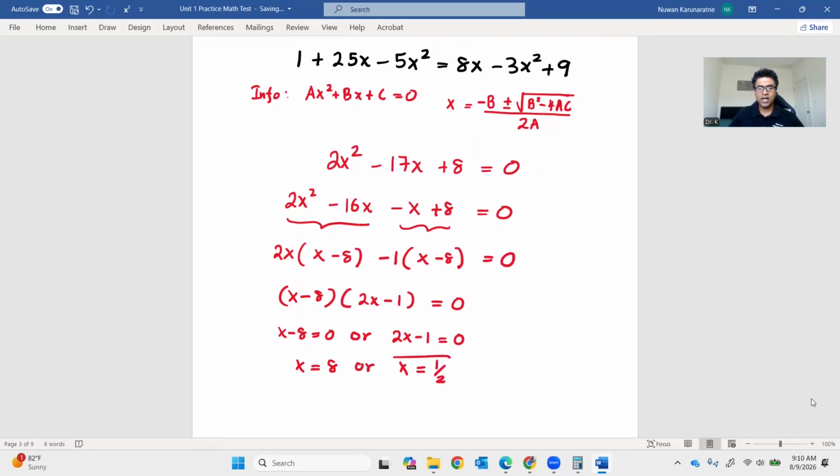Those are our solutions: x equals 0.5 or 1/2, or x equals 8. So that's how you do something like that. Remember, if you have a quadratic equation, try factorization. Sometimes it's very clear you can use factorization. If that does not work, use the quadratic formula.